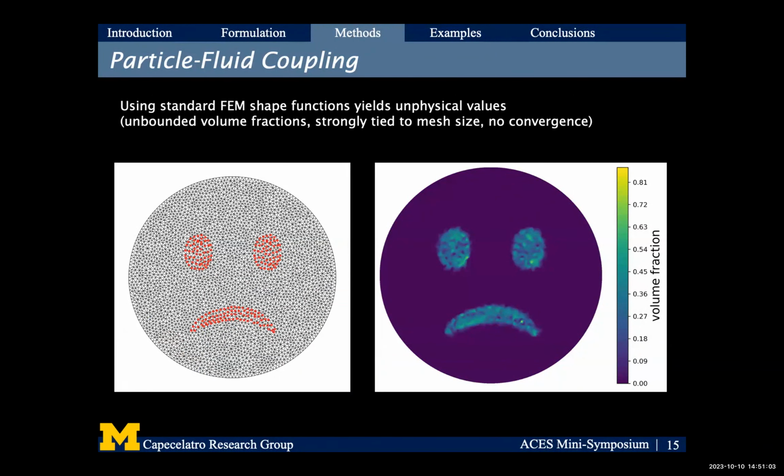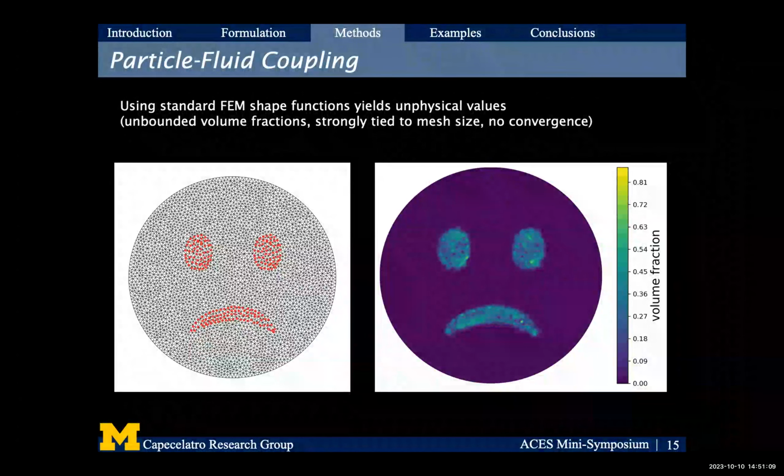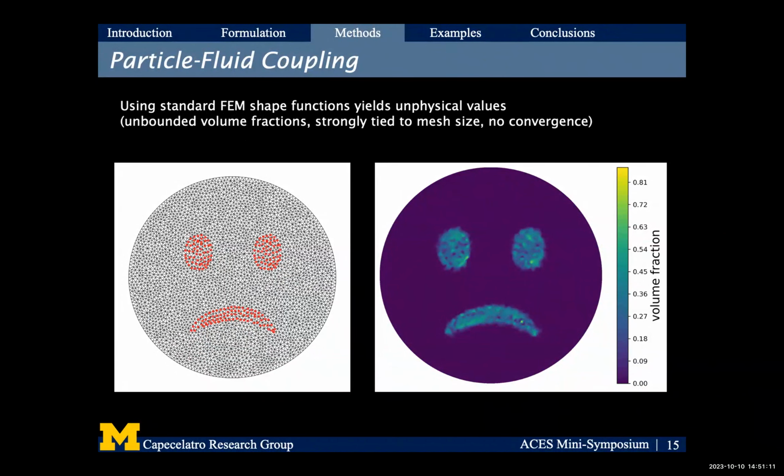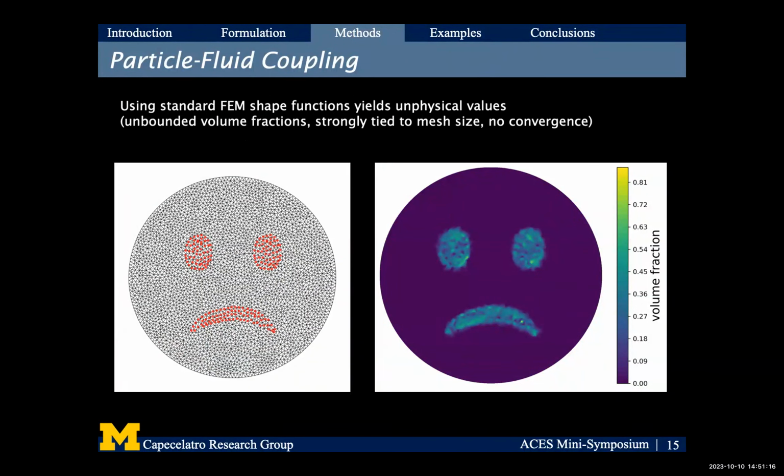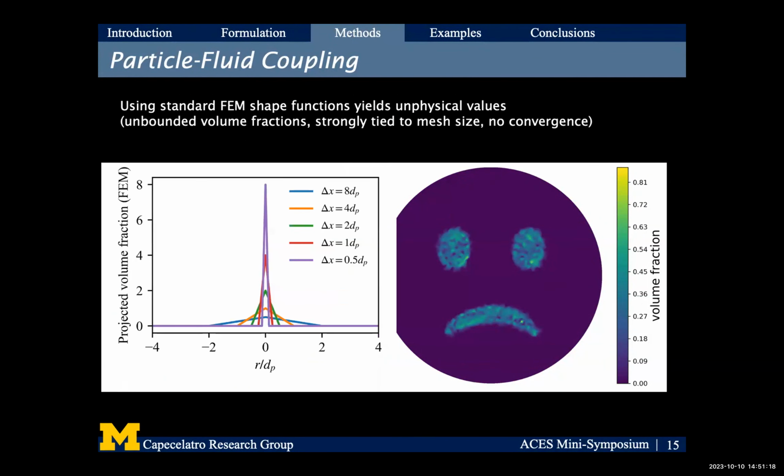This is showing a 2D unstructured grid with particles distributed. The volume fractions we get can go negative or larger than 1. It's not conservative, and so we end up with this frowny face, courtesy of Abhilash. This shows that as we refine the mesh, going from a grid 8 times bigger than the particle to 1/2, the solution is diverging.